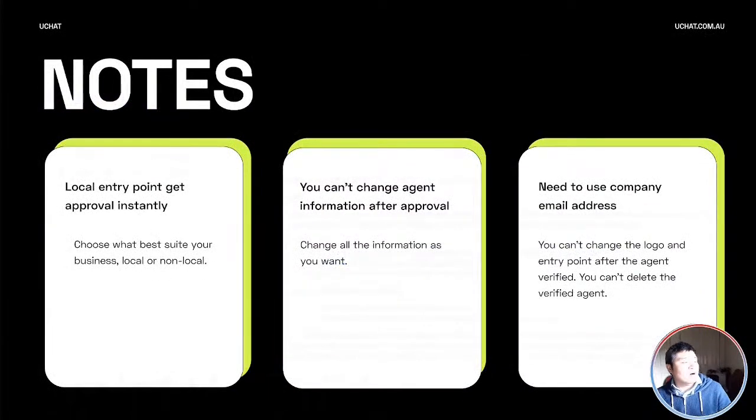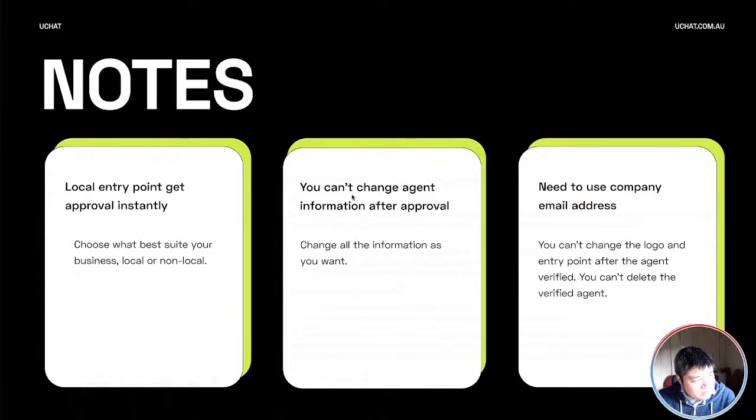So here are a few points. You need to make sure which type of business you want to apply for that agent. You can choose local or non-local. I think you already know the difference, because it's the difference in how many entry points you can get, and also the agent verification process is a little different.